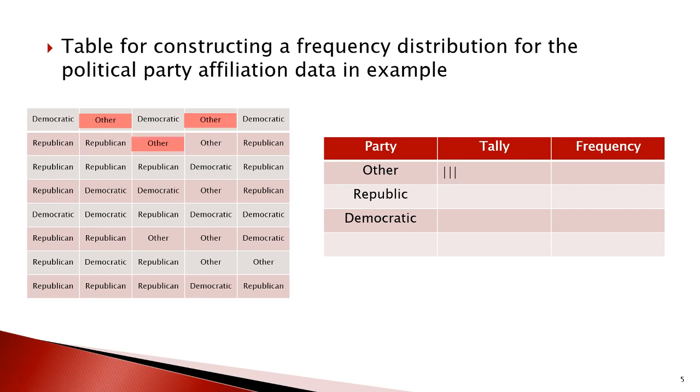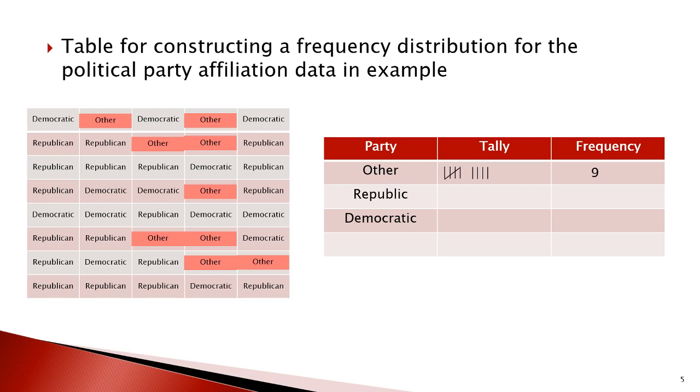Second one, third one, fourth one, and then a cross sign to make it 5, and then 6, 7, 8, 9. That's all. So altogether there are 9 observations of the value other. So we put 9 as the frequency.